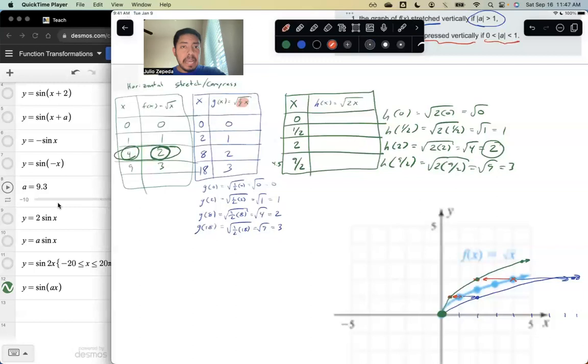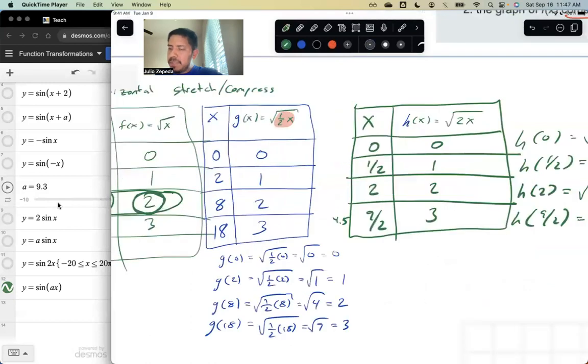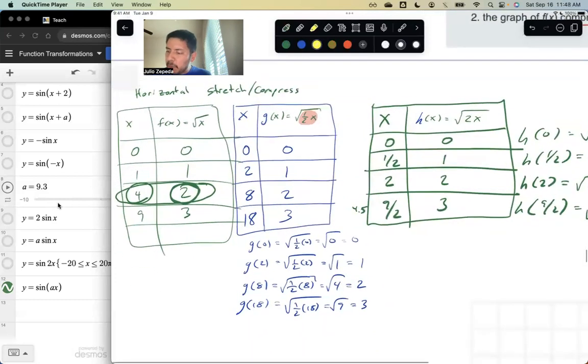All right. So how's another way to read this in case we want to quickly graph these functions? Let me put these 0, 1, 2, and 3. If we know the table of the square root of x very well, then this horizontal stretch or compression is actually doing this: the y values stay exactly the same as long as you take the x values of the original function and just cut them in half.